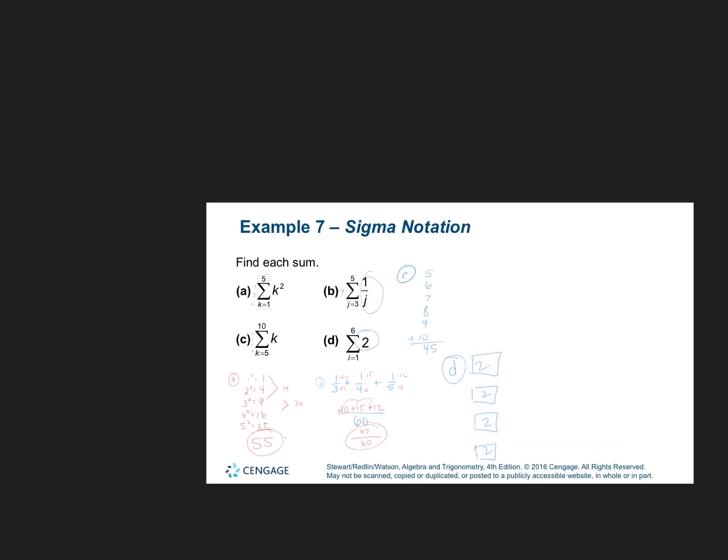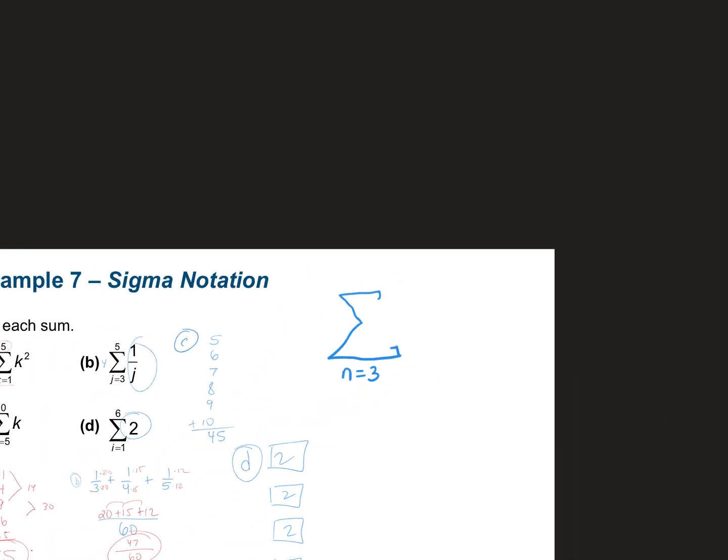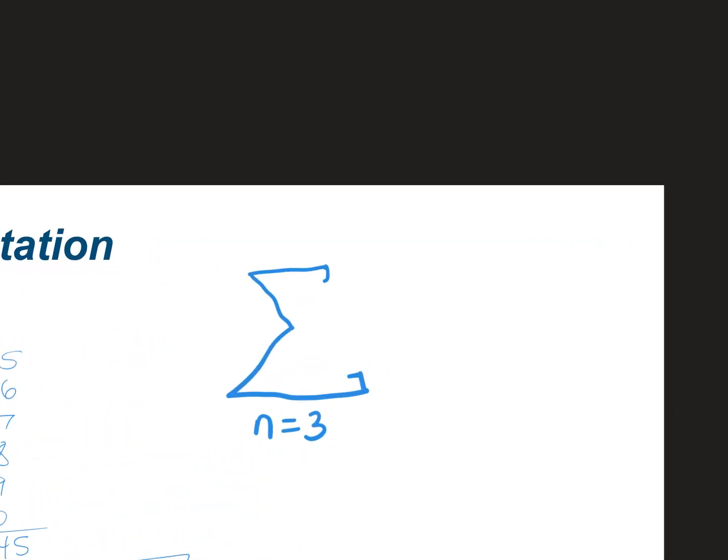So if you guys had something like this, let's do one more example. Say you had, I'm terrible at drawing this. That's not right, but whatever. Okay, so we have n equals 3, and I want to stop at, I don't know, 7.